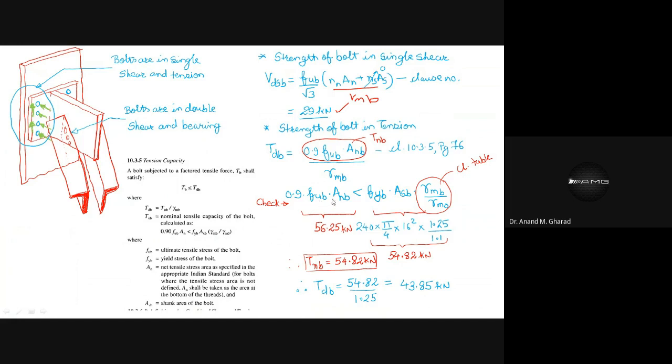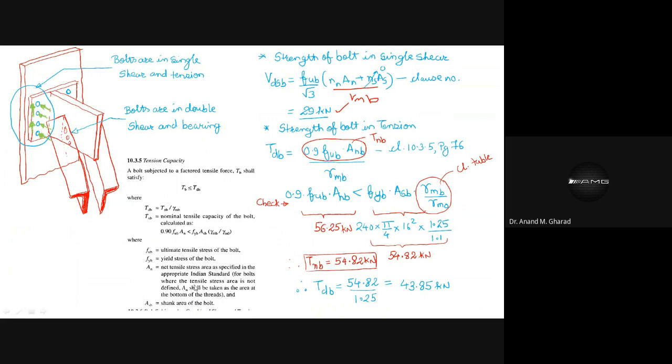0.9 times FUB times ANB. So what is this FUB value? How much should be the value? Yes, 400. For ANB or for AN, as per this formula, what it says, net tensile stress area as specified in the appropriate Indian standard.